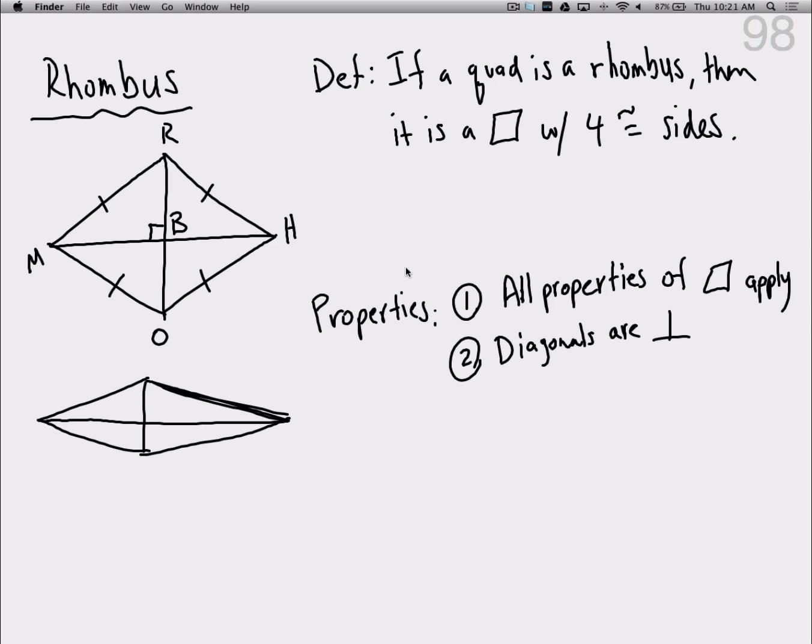Okay, anything else? There are some things that I don't know if we necessarily need to list as properties, like for instance, RBM is a right angle, a right triangle. But here's something else. I did just come up with number 3. Tell me about those 4 triangles in there. They are all congruent.